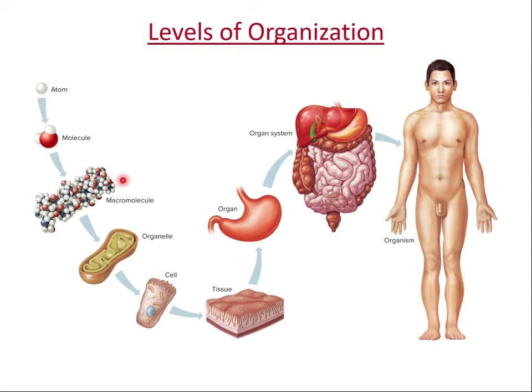Molecules form much larger macromolecules, and macromolecules are used to form parts of a cell called organelles. Organelles come together to form the cell. Cells come together to form a tissue. Tissues form organs, and organs put together form organ systems that serve a certain common function, and organ systems together form the organism, in this case human.